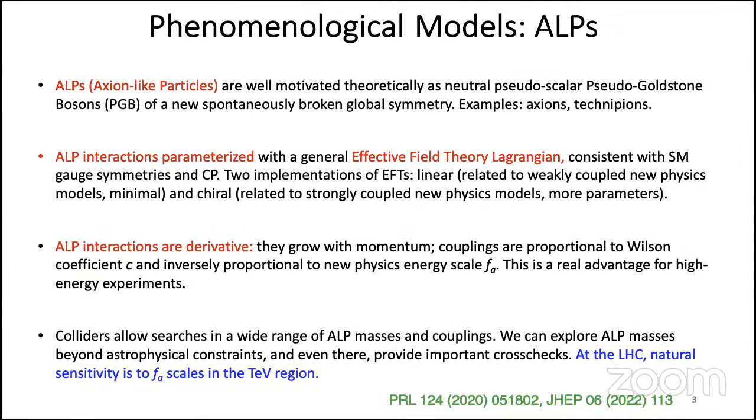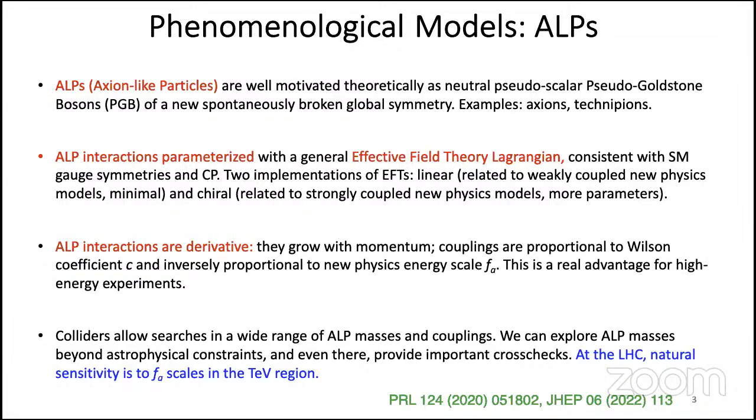Another theoretical model that has become popular in recent years is axion-like particles. These kinds of particles are well motivated theoretically as neutral pseudo-Goldstone bosons of a new spontaneously broken symmetry. The interactions of the ALPs can be parameterized with a general effective field theory Lagrangian consistent with the standard model gauge symmetries and CP.